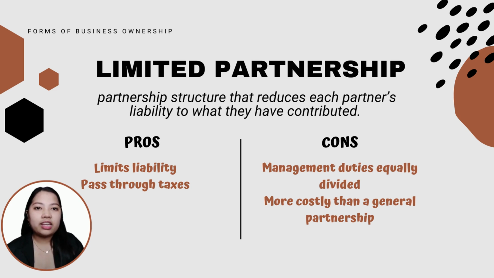First is that management duties are not equally divided. The limited partners simply invest in the business and have little control over the business operations. Lastly, it is more costly than a general partnership. Limited partnerships also have more filing formalities than a typical general partnership.